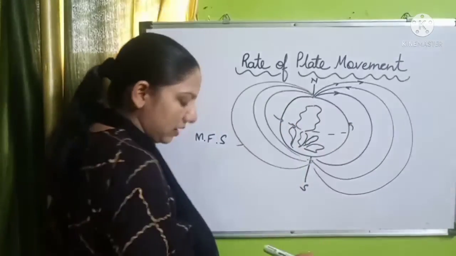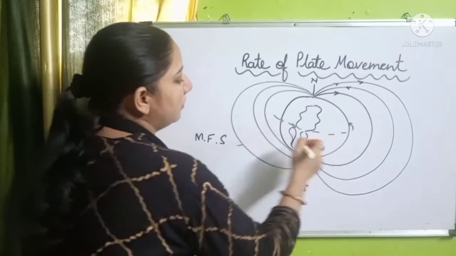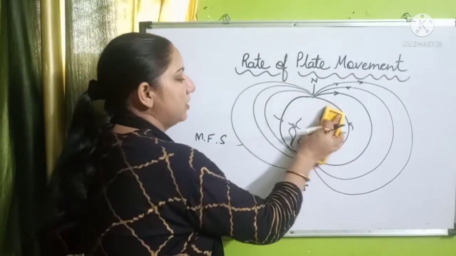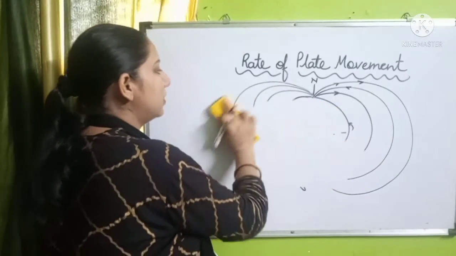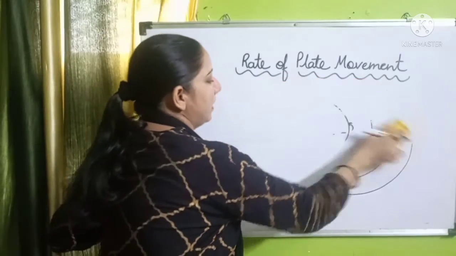At that time these plates shifted in different directions and then formed the different continents, and so the Earth got its rate of plate movement.